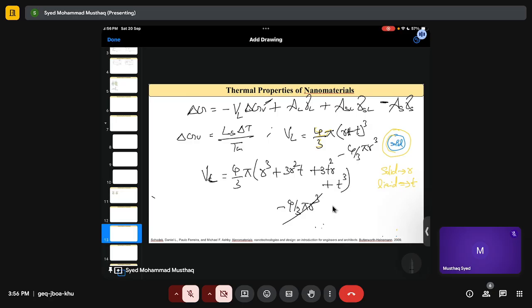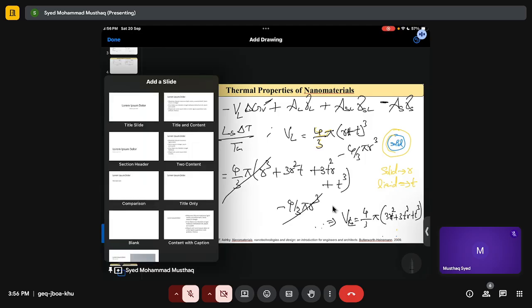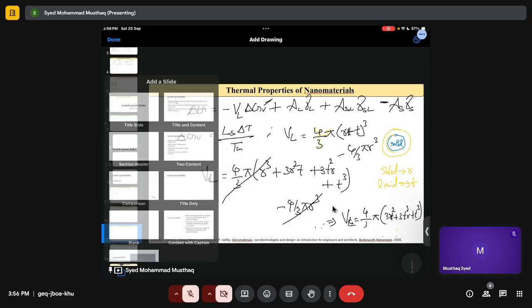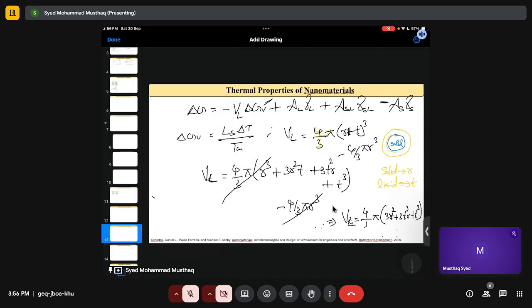This guy will get cancelled. So the terms that remain, volume of liquid is 4 by 3 pi (3 R square T plus 3 T square R plus T cube). Let's do every cancellation after we write our whole equation, because that will be easier. We will know where we have missed terms.